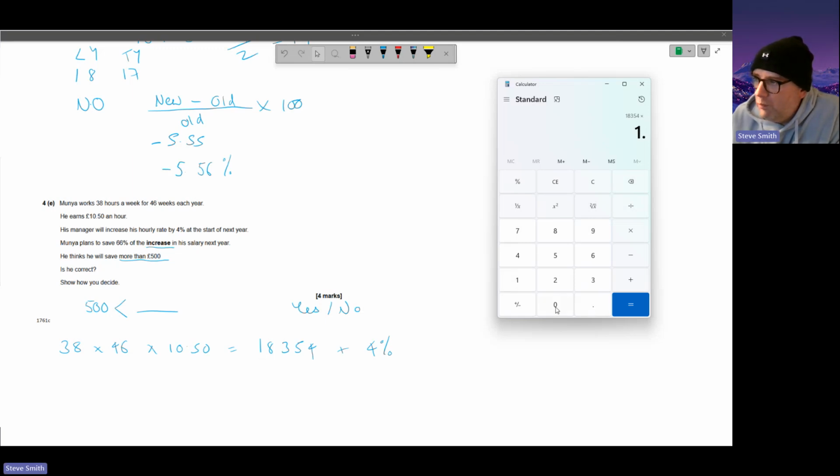And I don't want 0.4 because that's 40%. If I put a 4 there and then a 0, that's representing 40 out of 100. We want 0, 4, because as you can see, that's now representing 4 parts of my 100. And I only want 4%. So times by 1.04.